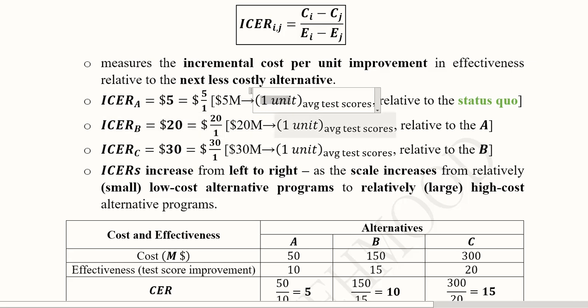And if I want to move from alternative A to alternative B, for each unit of effectiveness, I will have to incur $20 million. And if I want to move from alternative B to alternative C, for every additional unit of effectiveness, I will have to spend $30 million.